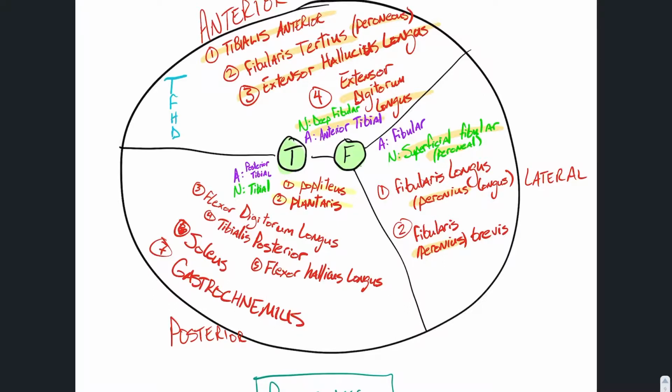Then the flexor digitorum longus, then the tibialis posterior, a little more medial to the leg. Moving outward, the flexor hallucis longus, and then further out, the soleus, which is a pretty large muscle, and then the largest muscle of the whole lower leg, the gastrocnemius.